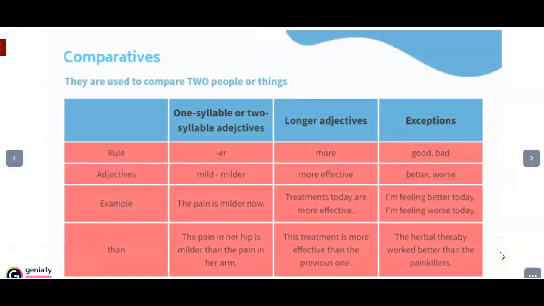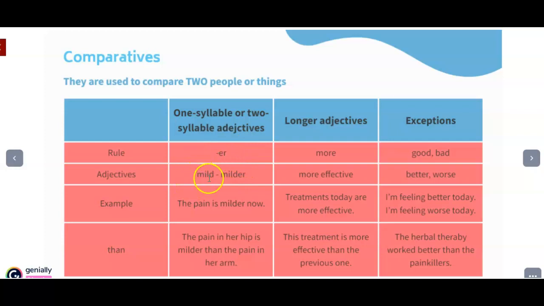So we're going to express this by using comparatives. You may remember from previous courses that comparatives are used to compare two people or things. It is important to remember that it is two elements to be compared, only two. So, what is the general rule? Well, if you have one syllable or two syllable adjectives, some of them, you will add the suffix er to the adjective.